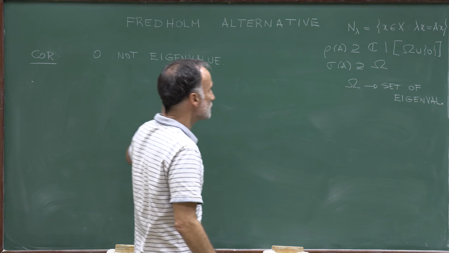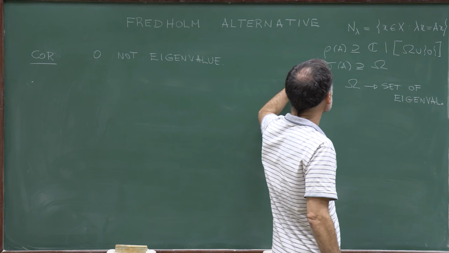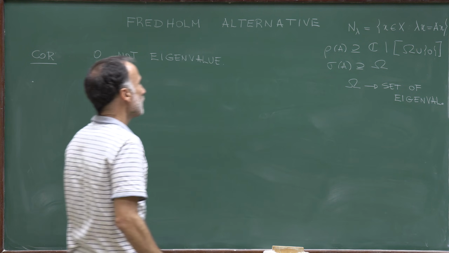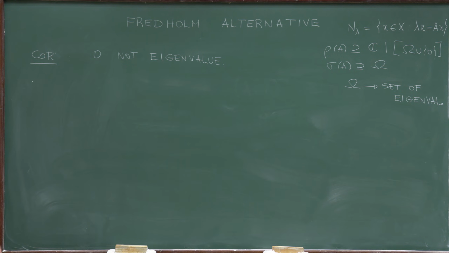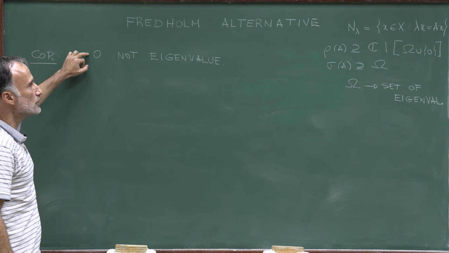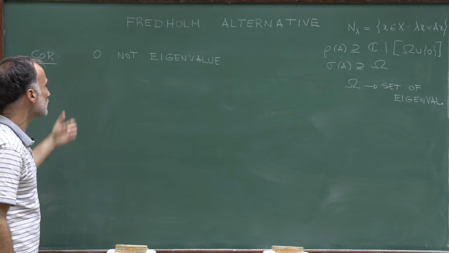Because if 0 is an eigenvalue, I have a complete description of the spectrum of A by the previous argument. So now I want to consider the other case, in which 0 is not an eigenvalue.